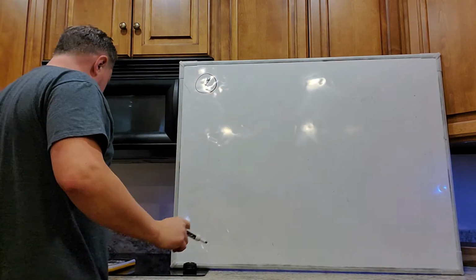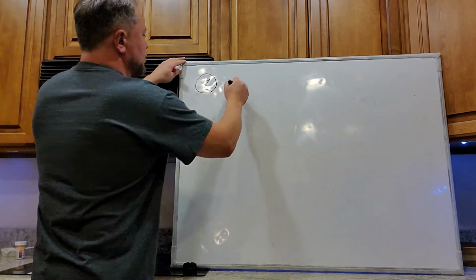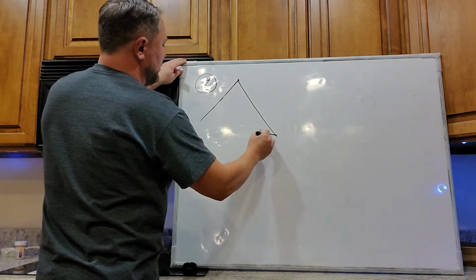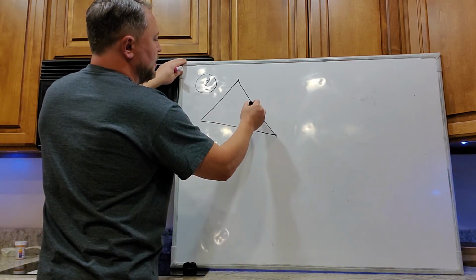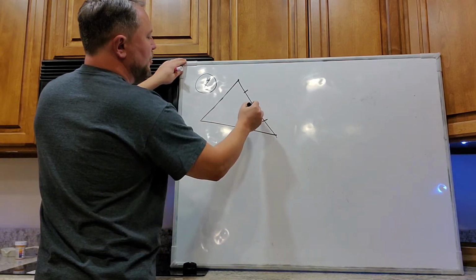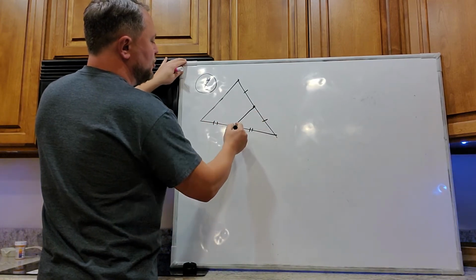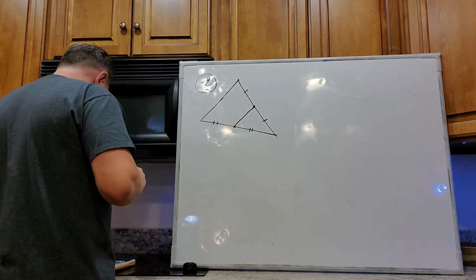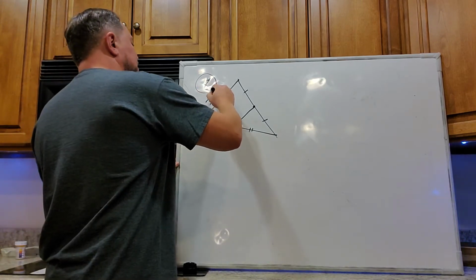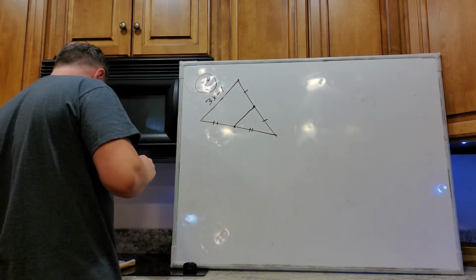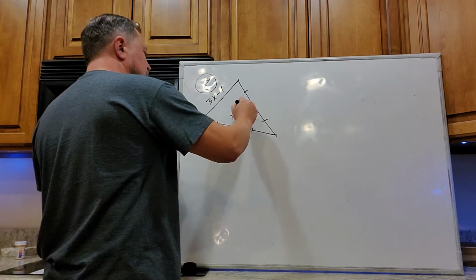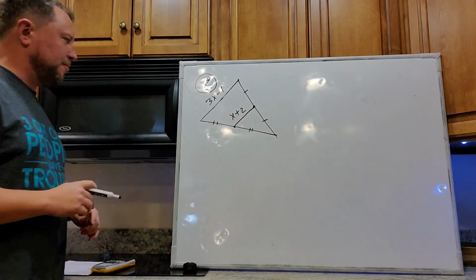And problem number 8. On this one, we've got a picture that looks like this, and they show a midpoint right there and a midpoint right here that are being joined. And then they tell you, well, this length along here is 3x minus 1. This length along there is x plus 2.